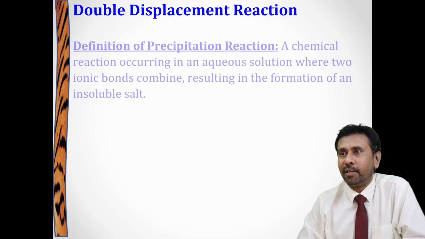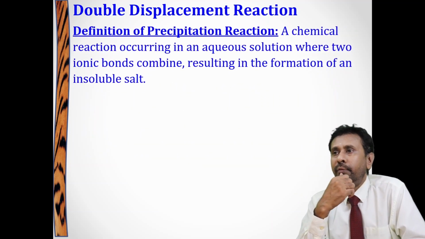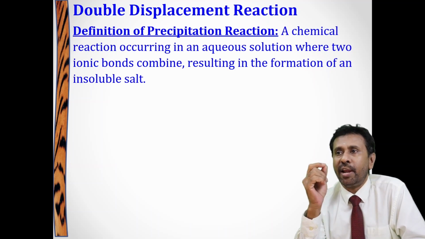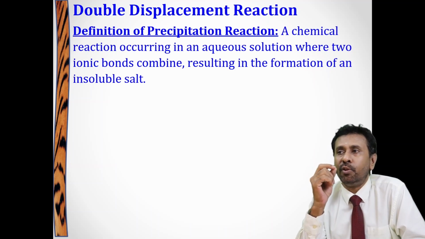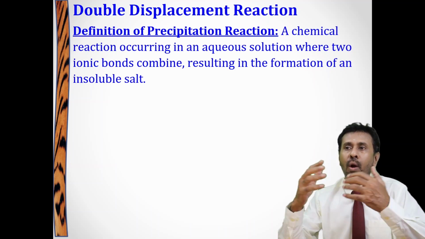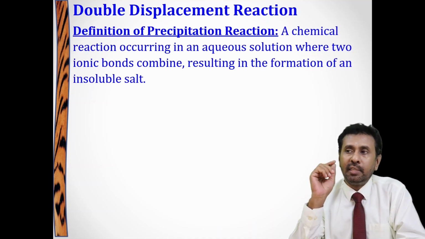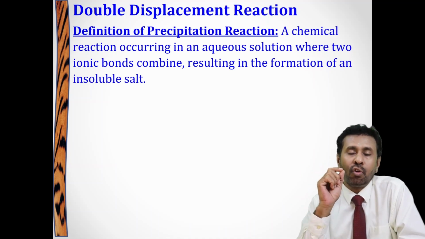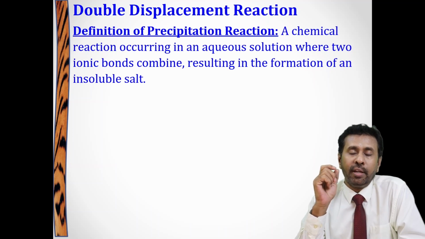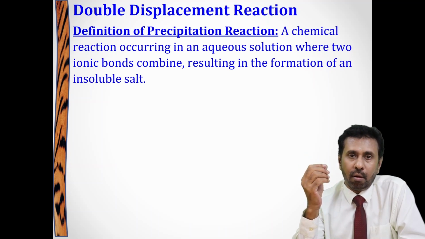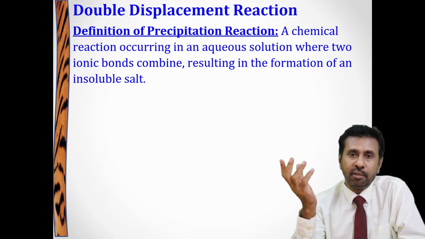So let's see what it is. The definition of precipitation reaction: a chemical reaction occurring in an aqueous solution where two ionic bonds combine, resulting in the formation of an insoluble salt. So when an insoluble salt is formed in a reaction which happens in an aqueous solution, that is what precipitation is all about.